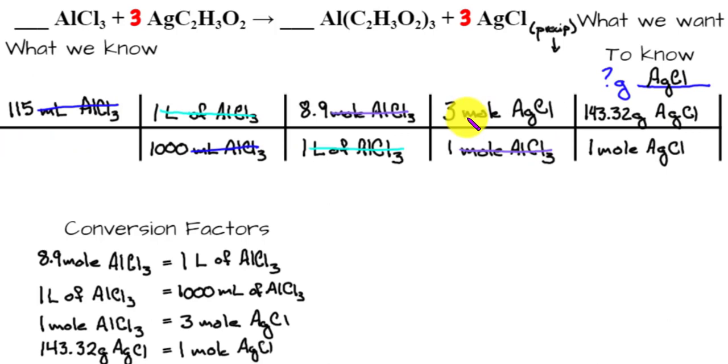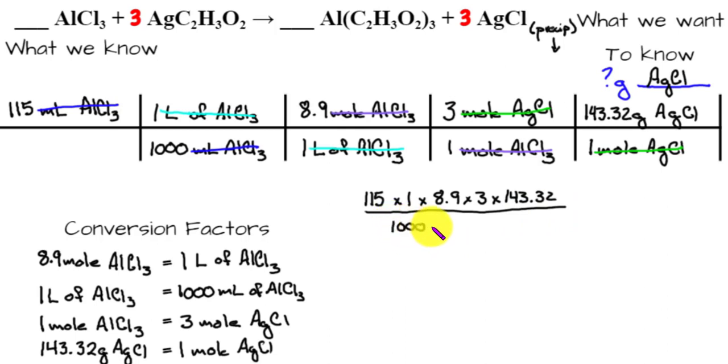And in this case, the moles AgCl cancels with the moles AgCl. So when I do my math, I'm going to do 115 times 1 times 8.9 times 3 times 143.32, all of that over 1,000 times 1 times 1 times 1.